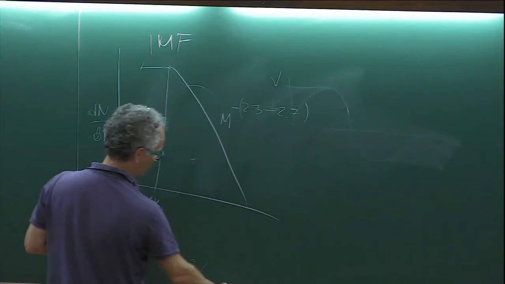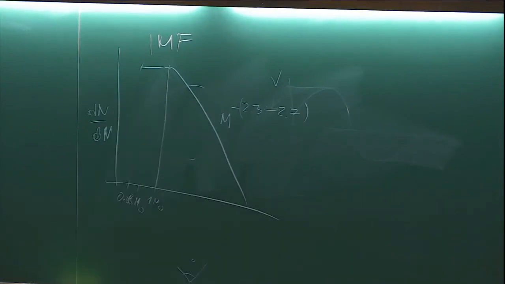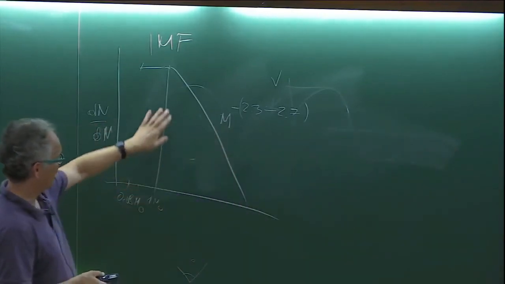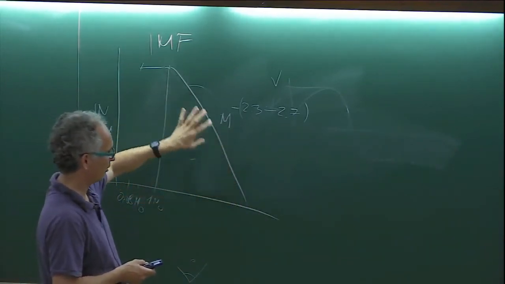For the binaries, it appears that the masses of the two stars do not follow the same distribution.